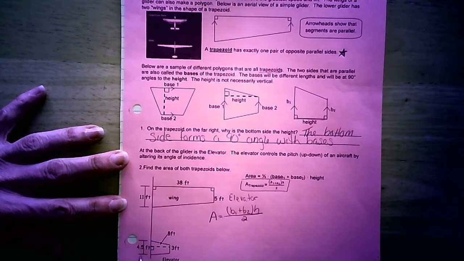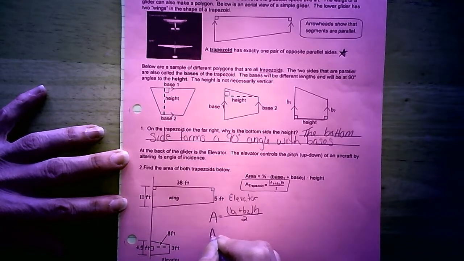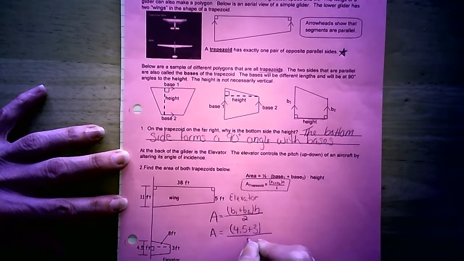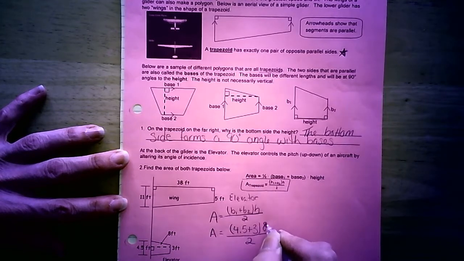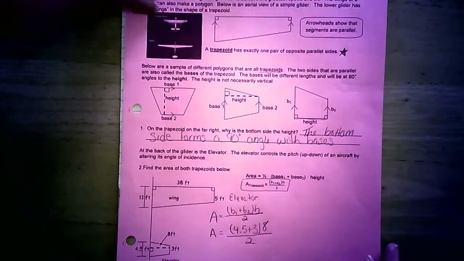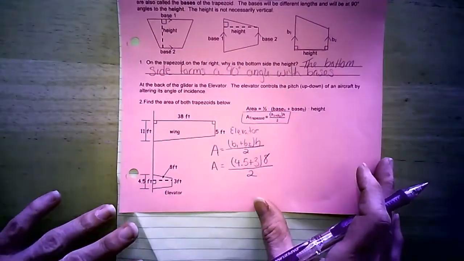So we can see here the bases are 4.5 feet and 3 feet. So I'm going to plug in 4.5 plus 3. I can see my height is 8 feet. Commutative property of addition, it doesn't matter which order you put your bases in, you're going to get the same sum.